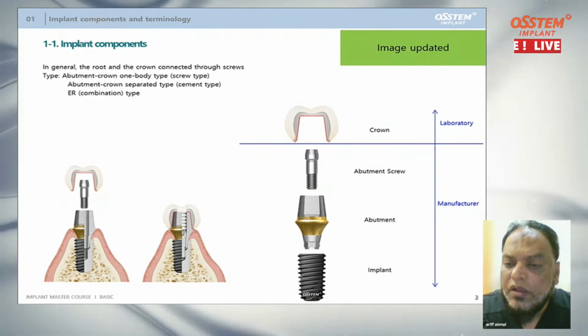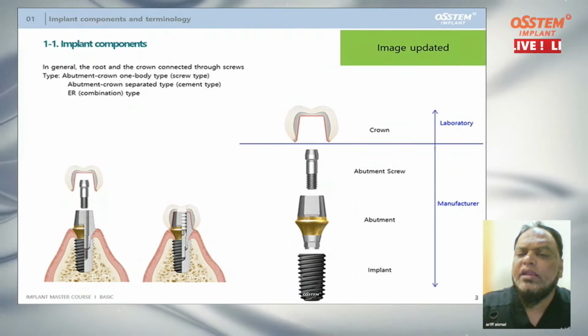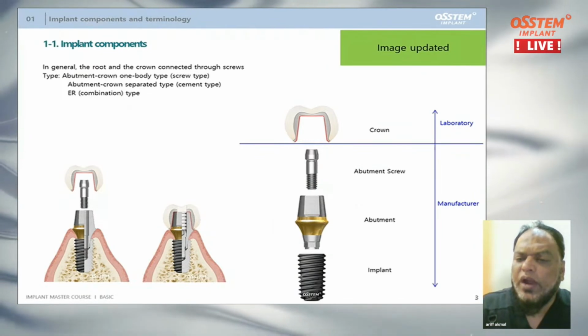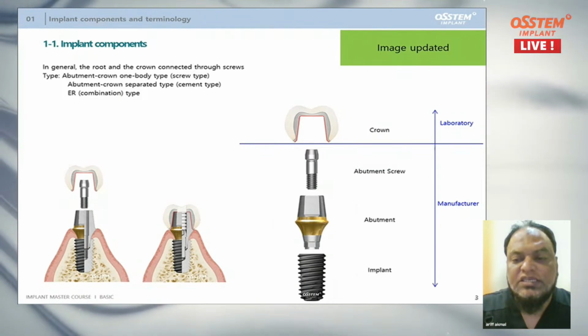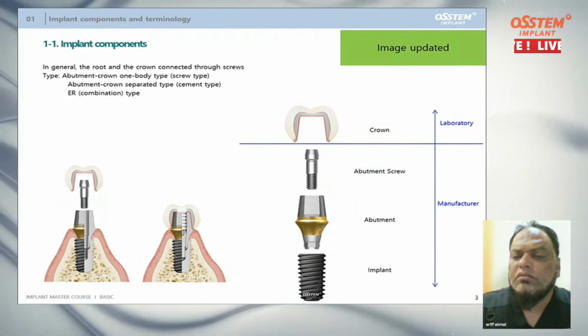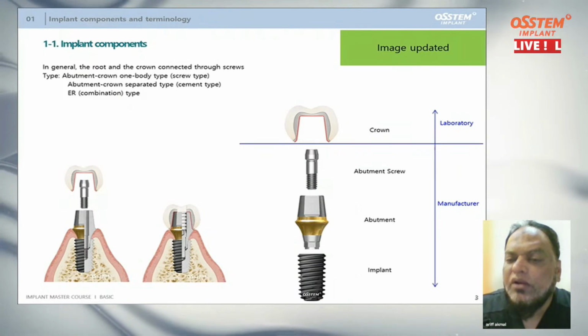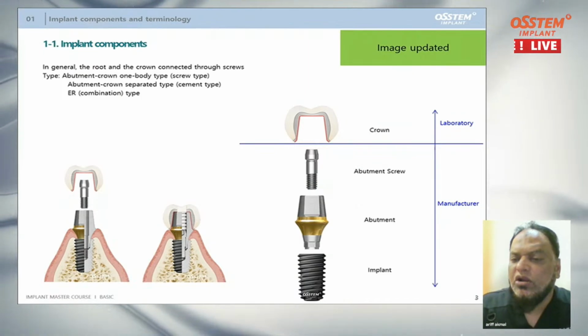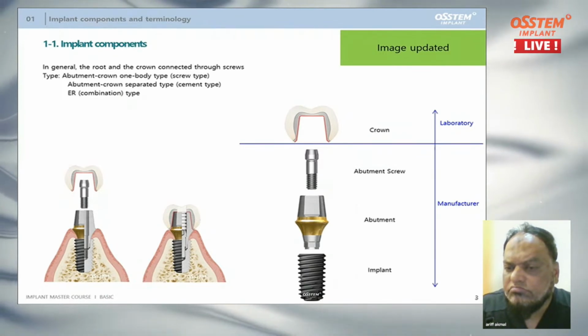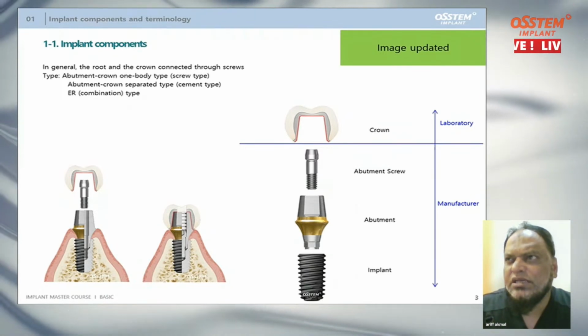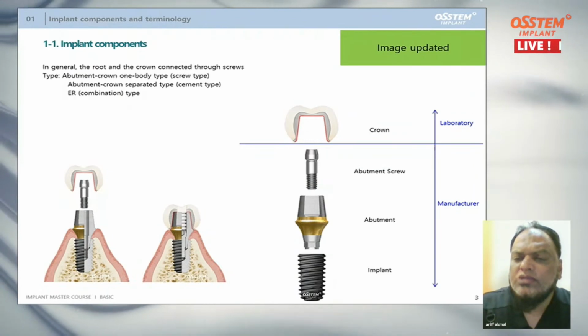And luckily enough, Osstem company has a wide range of surgical kits and a wide range of prosthetic components, which makes your life easy. No doubt, before jumping into Osstem, I used to use a lot of other implant systems like Megagen and BioHorizons.